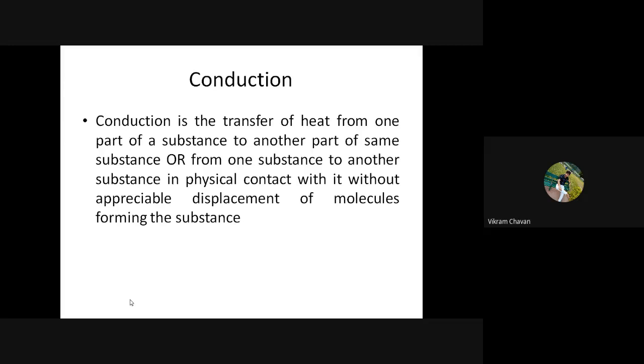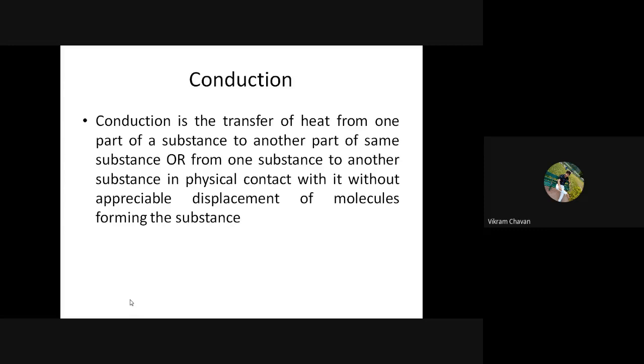What does it mean? Consider any substance where heat is transferring from one region of that substance to another region of that same substance only; then that heat transfer will be considered conduction.